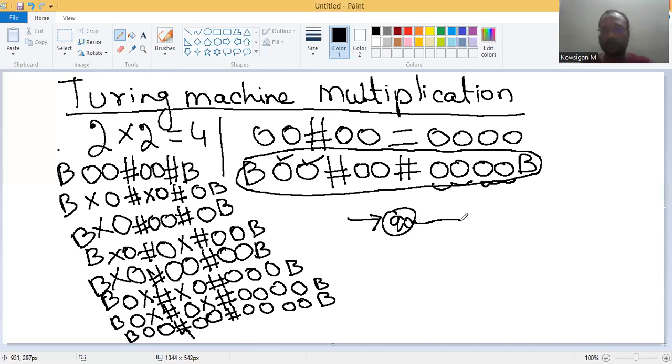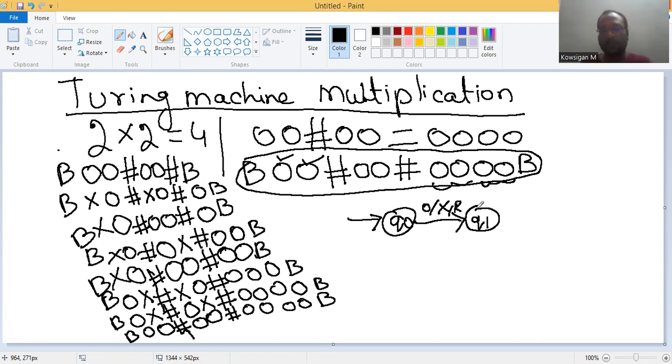The first step is 0 is replaced as x and move to the right hand side. Then the next state, Q1. After replacing this 0 with x, we have to move to the right hand side until you are having hash.